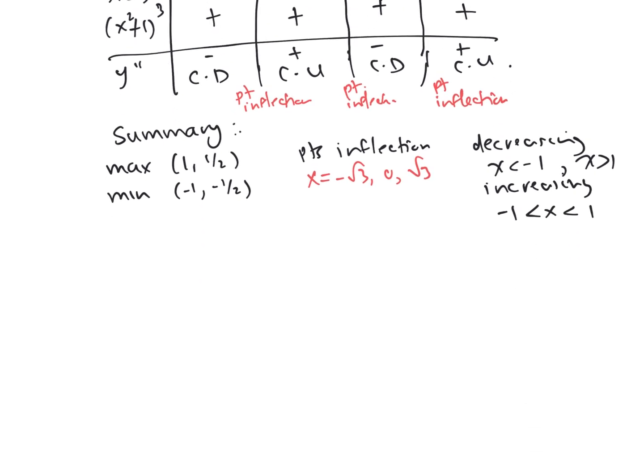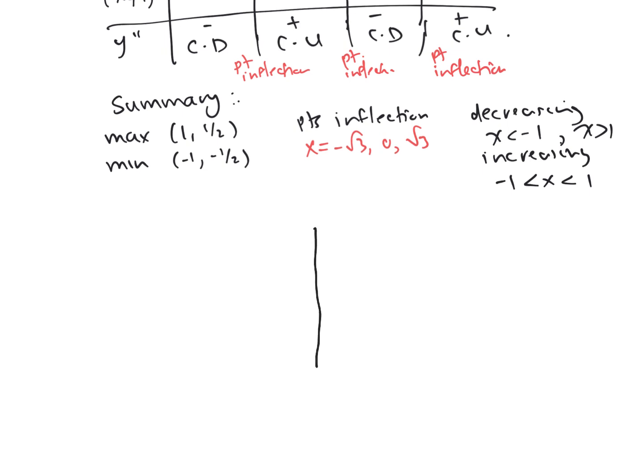So let's start looking at this sketch. So I'm going to draw my grid. 1, 2, 3. Okay, so at, let's do it in a different color. So at 1, 1/2, we have a local max. At -1, -1/2, we have a local min.